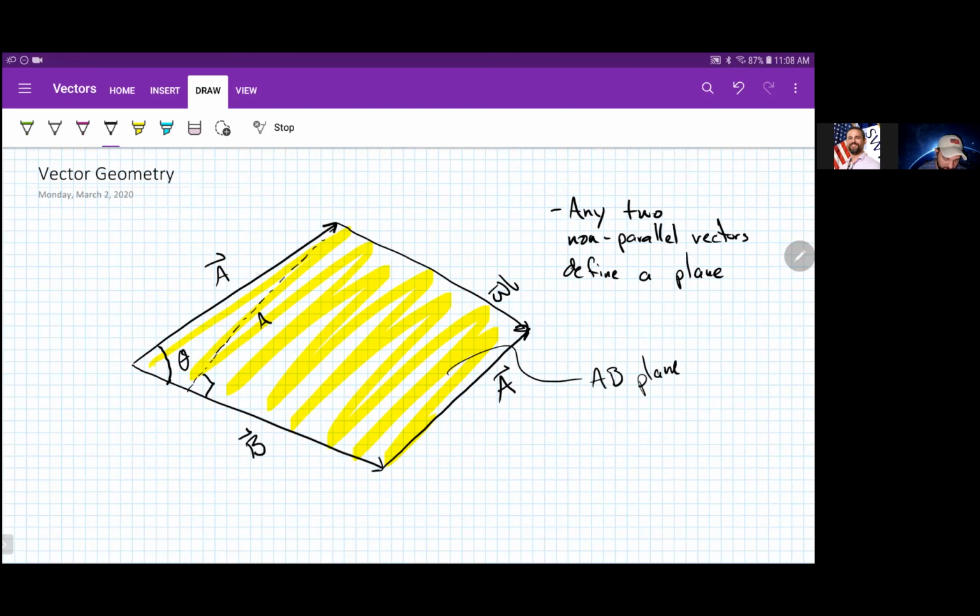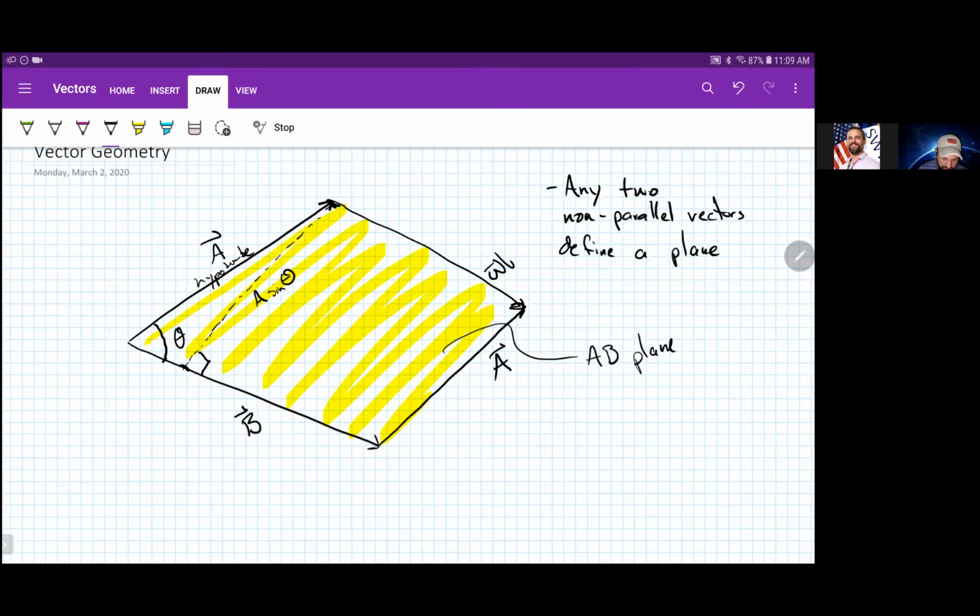This is the hypotenuse here. So this would be my hypotenuse. This would be the opposite side to the angle, so I would have a sine theta. Okay, so it would be A times sine theta would give me this length here from here to here.